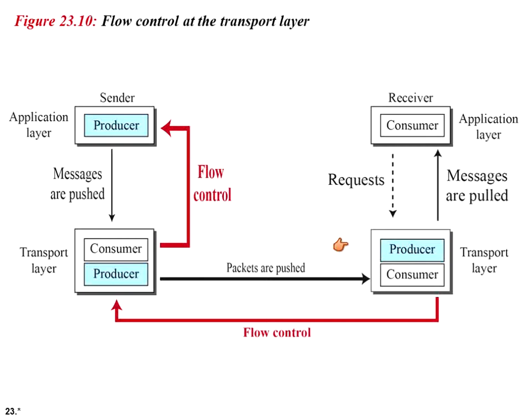Now here we need at least 2 cases of flow control, from the sending transport layer to the sending application layer, and from the receiving transport layer to the sending transport layer.